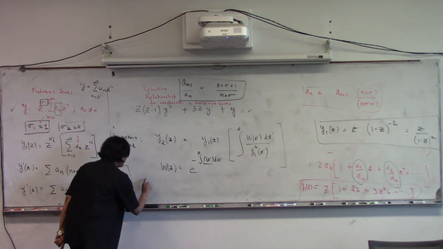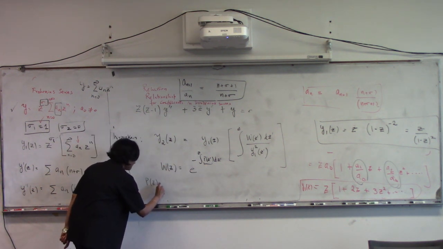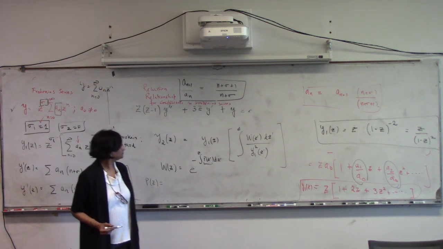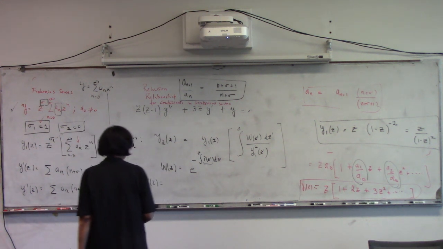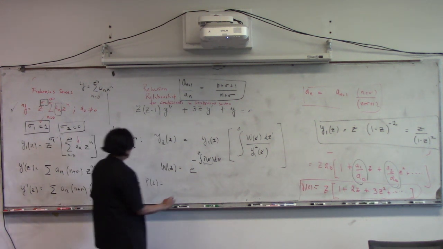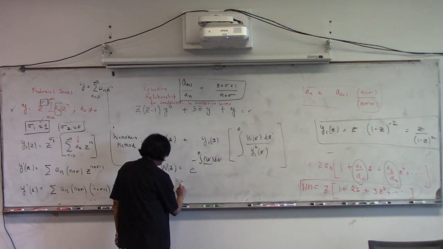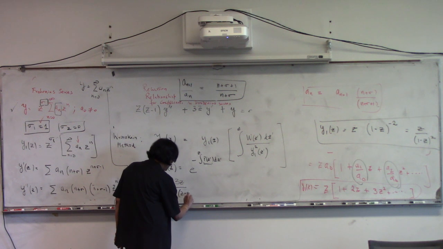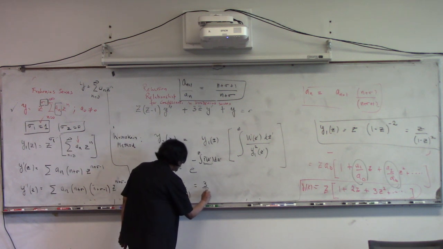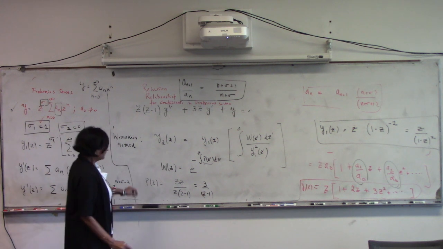So what is p of z in our case? It is 3z over z times z minus 1, so I can write this as 3 over z minus 1, right?